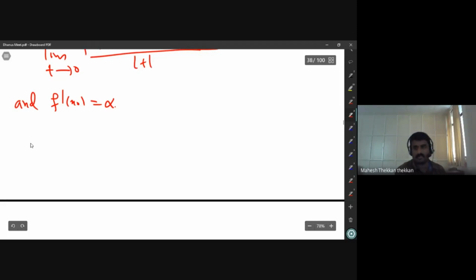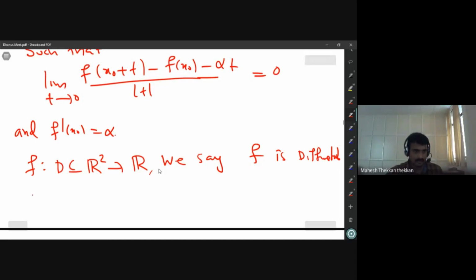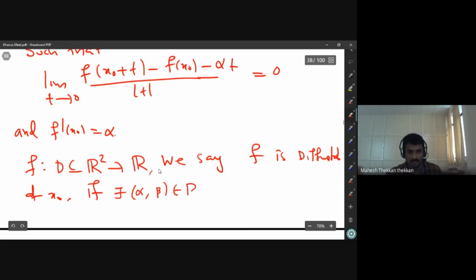I have to look at a function f from some D, a subset of R2, to R. So we say f is differentiable at x naught if there exists a pair of vector alpha comma beta in R2 such that the following holds.